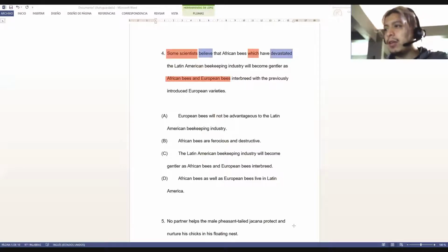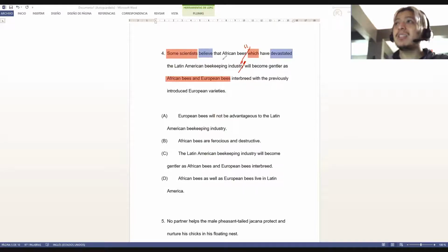An important thing that you need to understand in this case is that which, remember, is a relative pronoun that you use when you're making a comment. This is not important. They have devastated the Latin American beekeeping industry. So all of this is just a comment. You can erase it or you can keep it. Nothing really happens. This is just a comment.